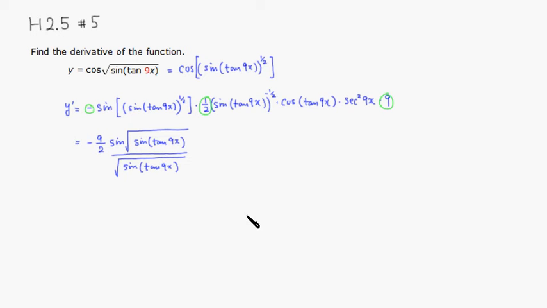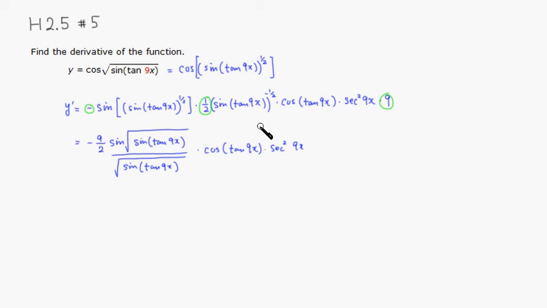Then you have times cosine of tangent of 9x times secant squared of 9x.